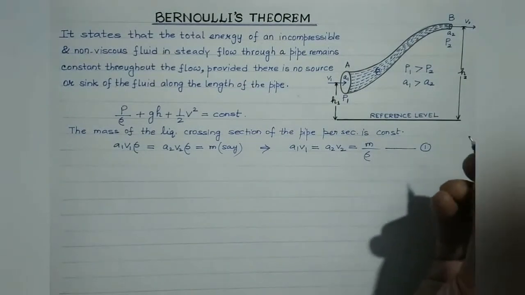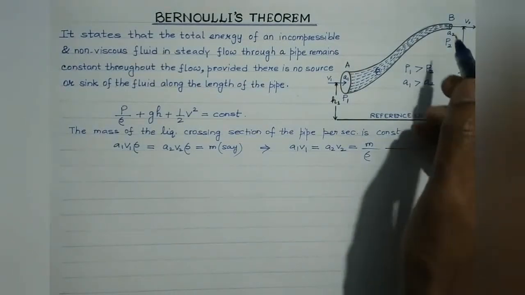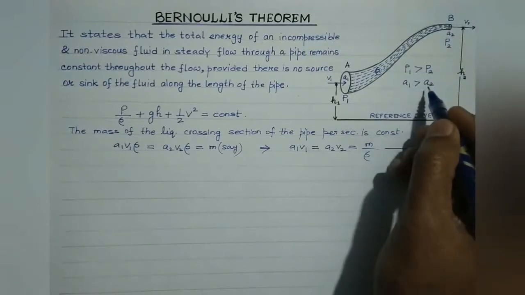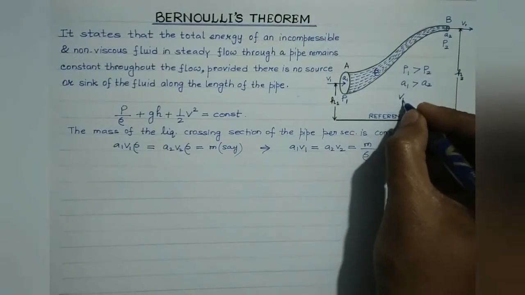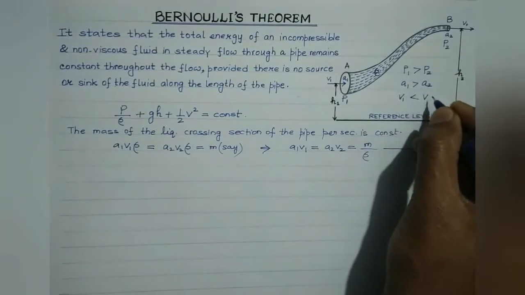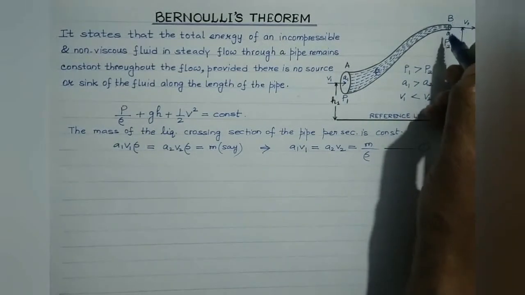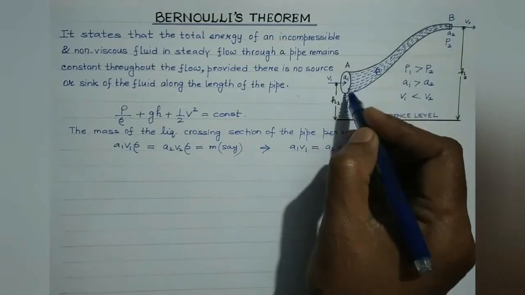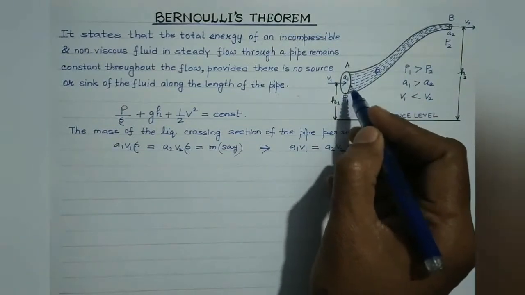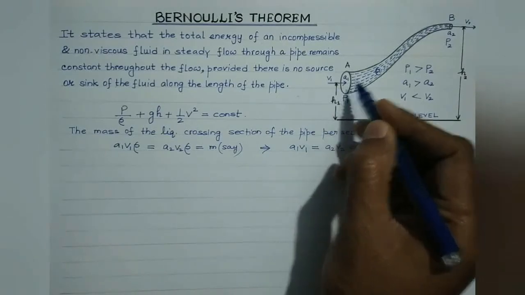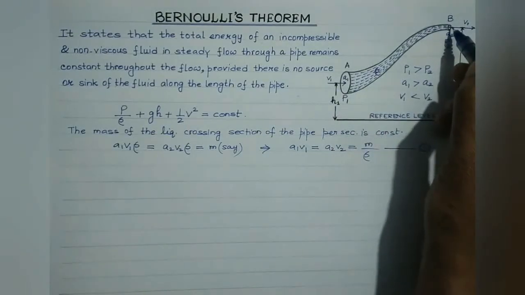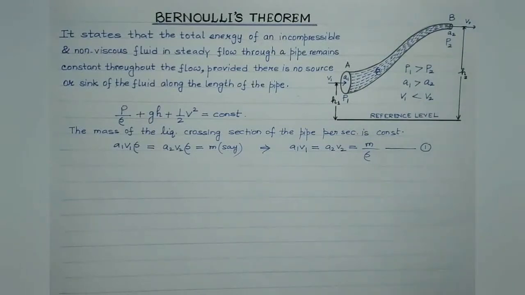Now, as per the principle of continuity, the velocity of the liquid flow is inversely proportional to the cross-section area. Therefore, V1 should be less than V2. Here the streamlines are crowded, and here the streamlines are less crowded, indicating that the velocity of the liquid flow in section A is less compared to the velocity in section B, right?